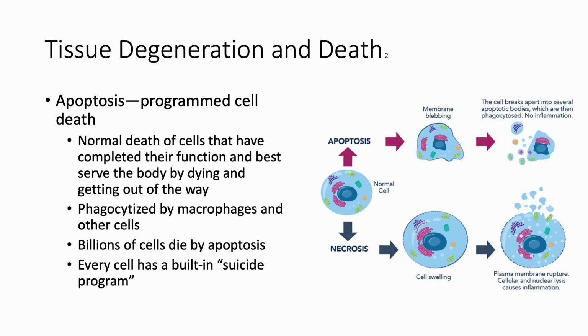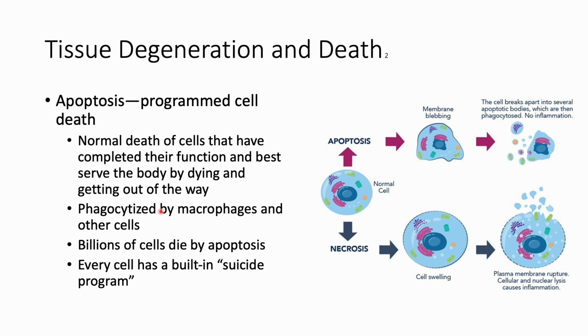All right. And then we have apoptosis, which is programmed cell death. So normal death of cells that have completed their function and best serve the body by dying and getting out of the way. This is normal programmed cell death. These cells undergo blebbing and then they are phagocytosed or eaten up by your macrophages and other cells.